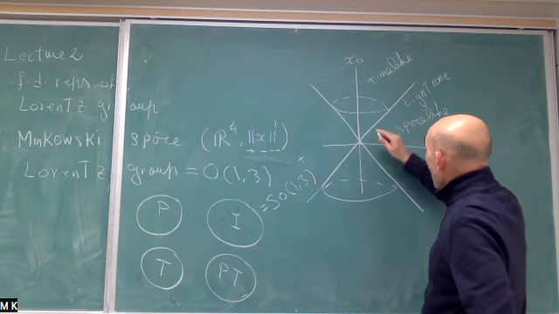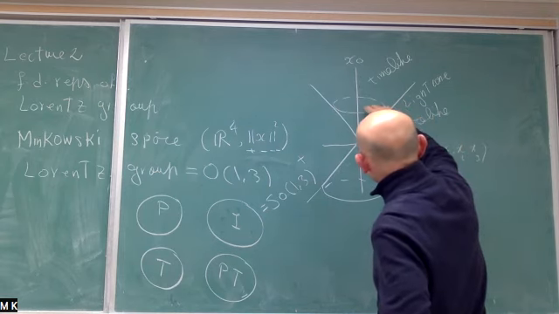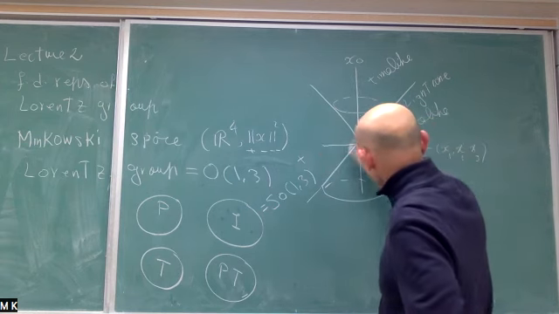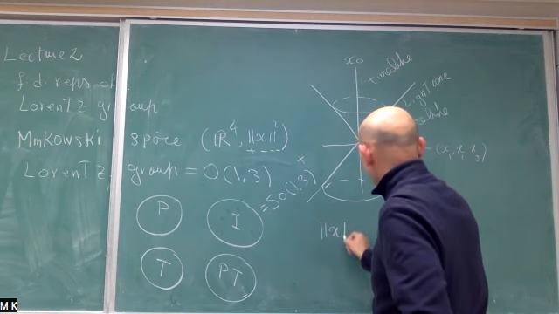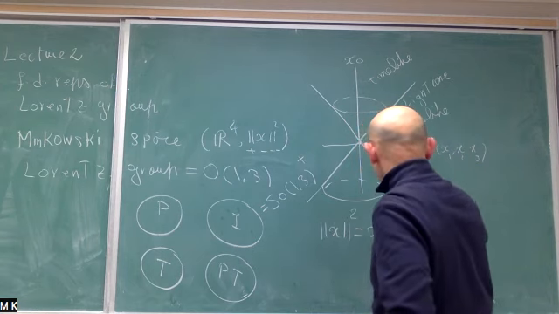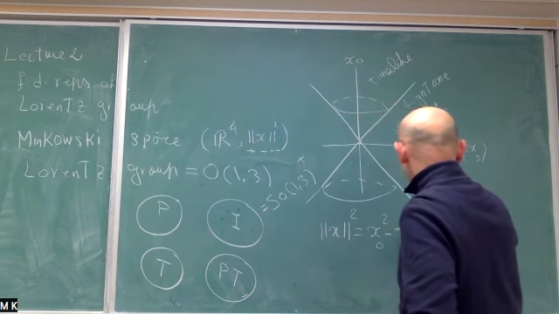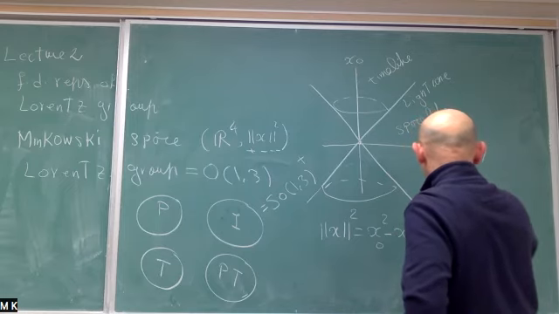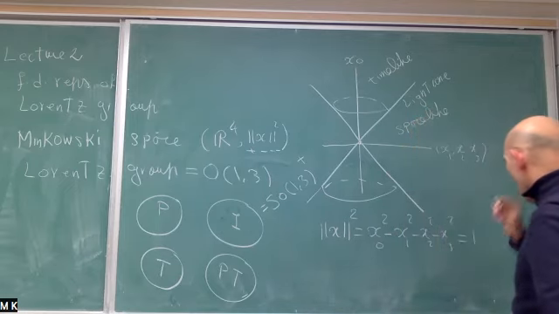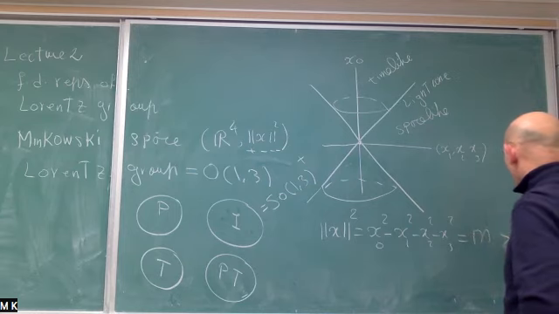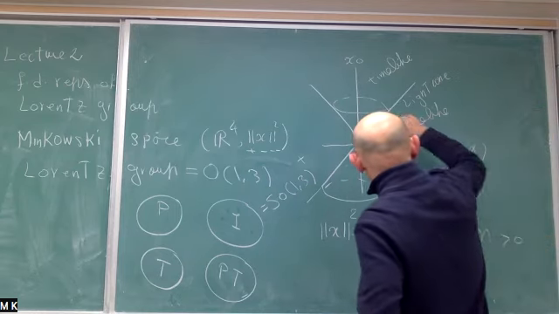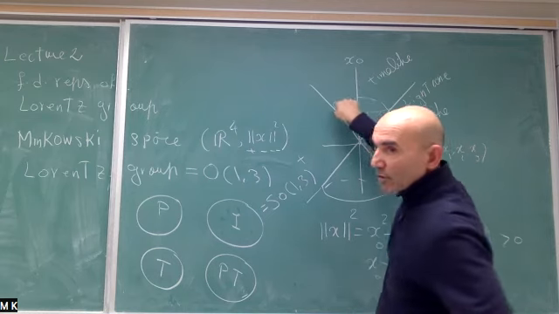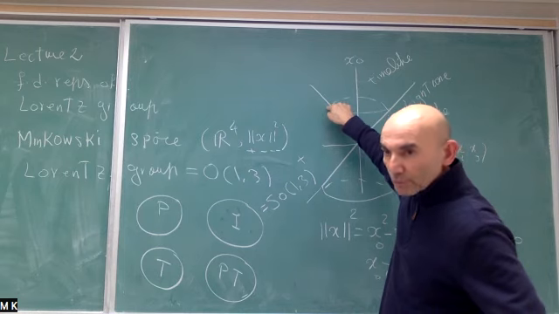Then if you look at a hyperboloid, say the norm of x, which is x0 squared minus x1 squared minus x2 squared minus x3 squared, equal to 1, or in general equal to m positive, and if you say x0 is positive, then you're looking at half of this hyperboloid of two sheets.